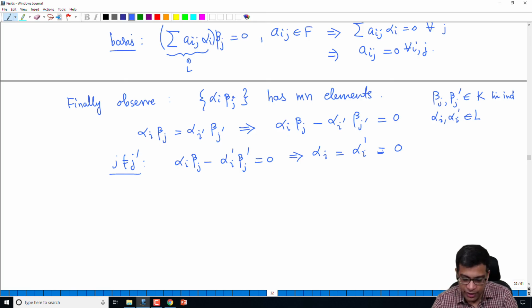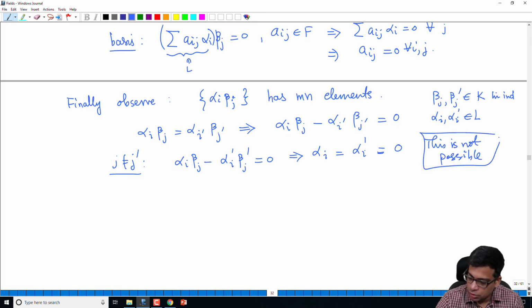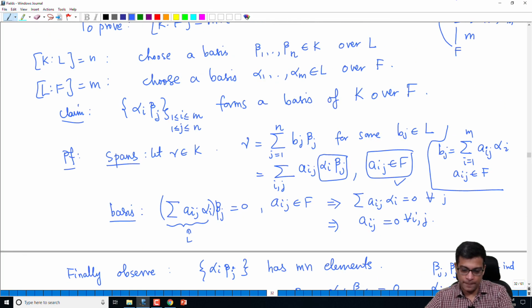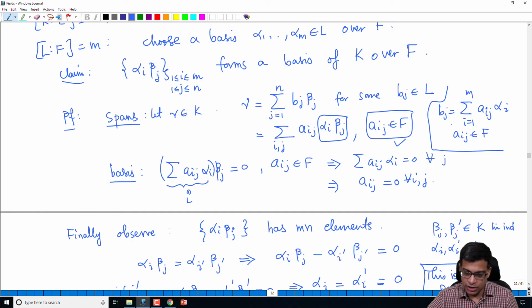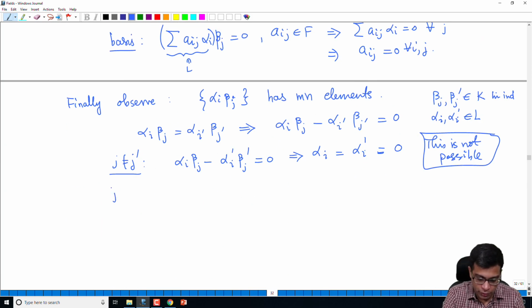Because we have a linear relation between two different independent vectors. That means the coefficients must be 0, but this is not possible. Why is it not possible? This is not possible because alpha i's are also basis elements, right? So they can't be 0. So this implies that j has to be equal to j prime.